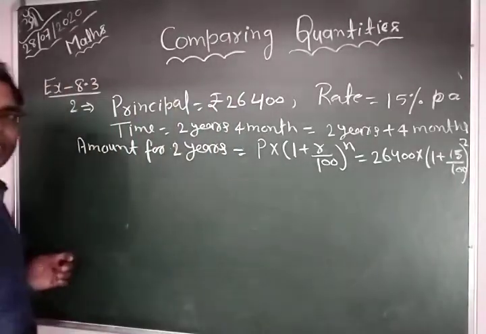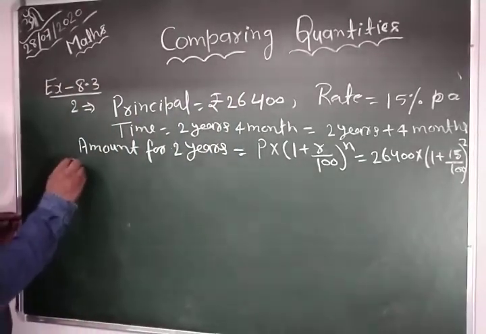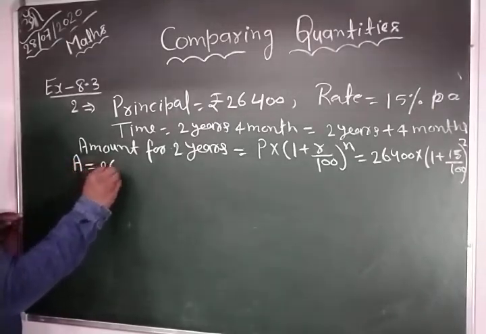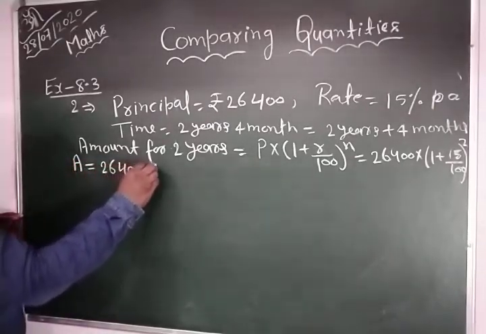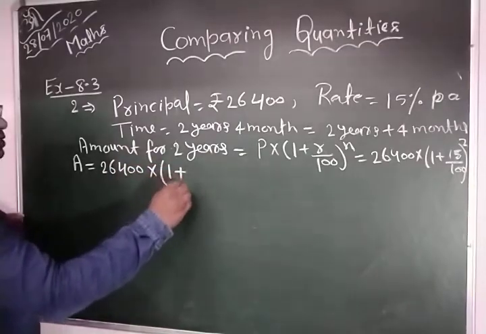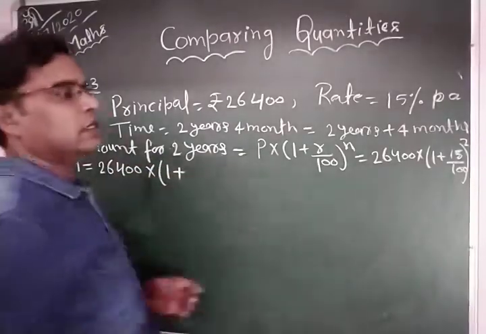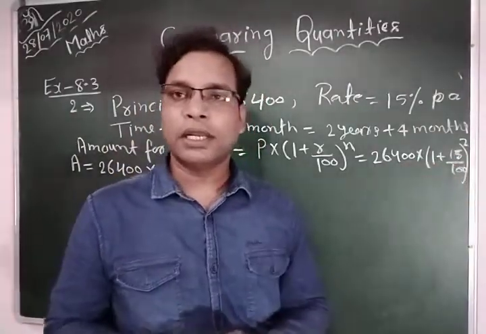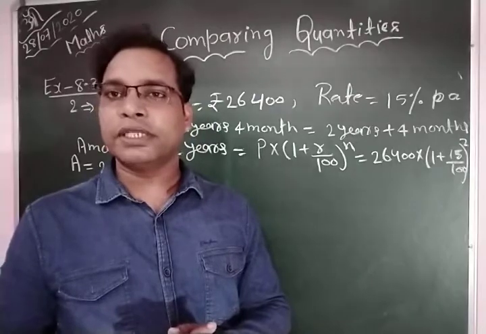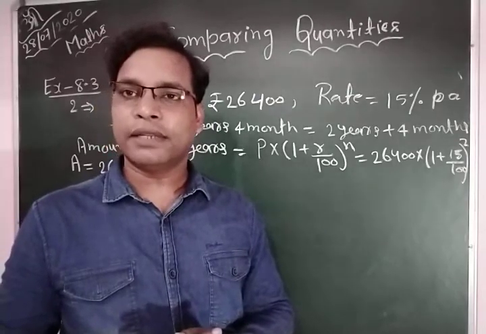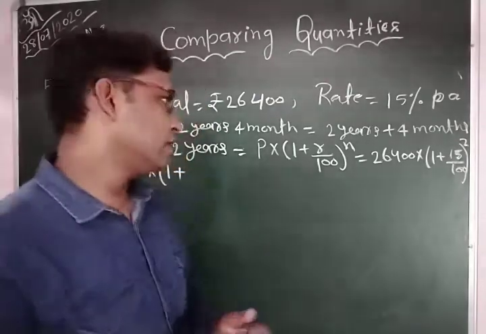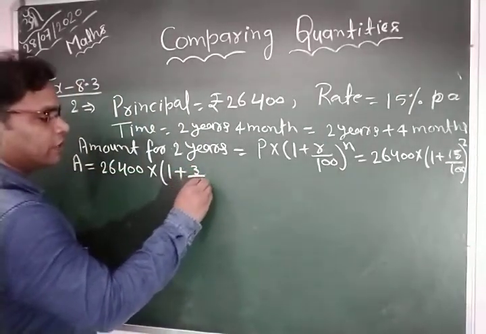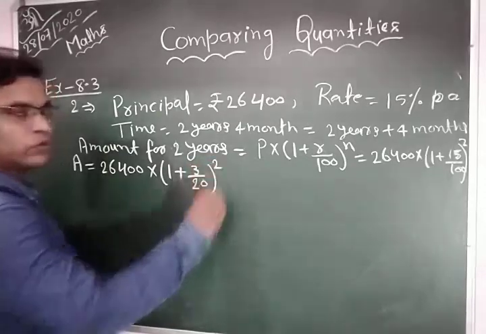So if you cancel it, the amount is equal to 26,400 into (1 plus, you cancel here by 5, 5 threes are 15 and 5 twenties are 100) so you can write here 3 by 20, to the power 2.